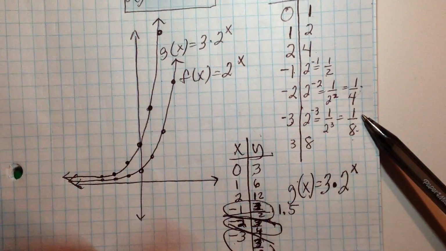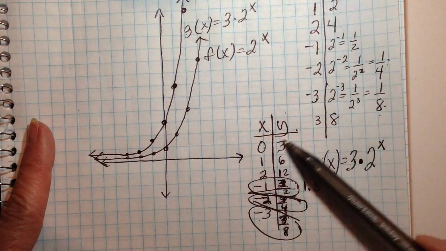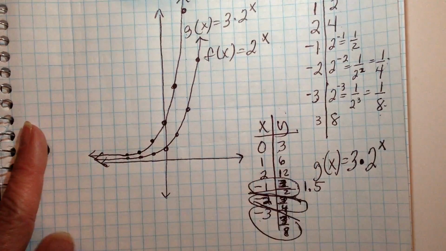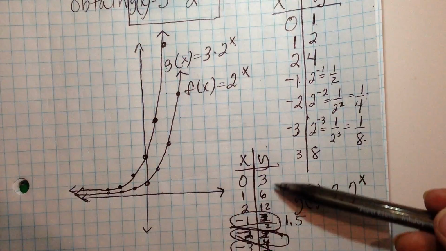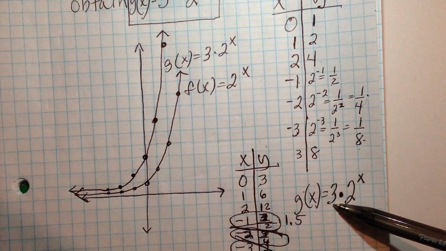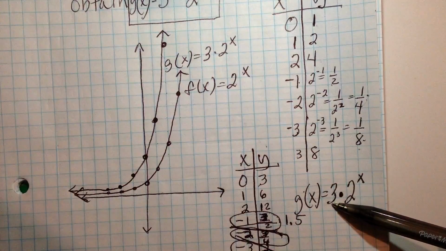And 3 times an eighth was 3/8. So that's how you'll always find your ordered pairs of your shrink or your stretch, by multiplying the original y's by the number that was added in the front that formed your stretch or your shrink.